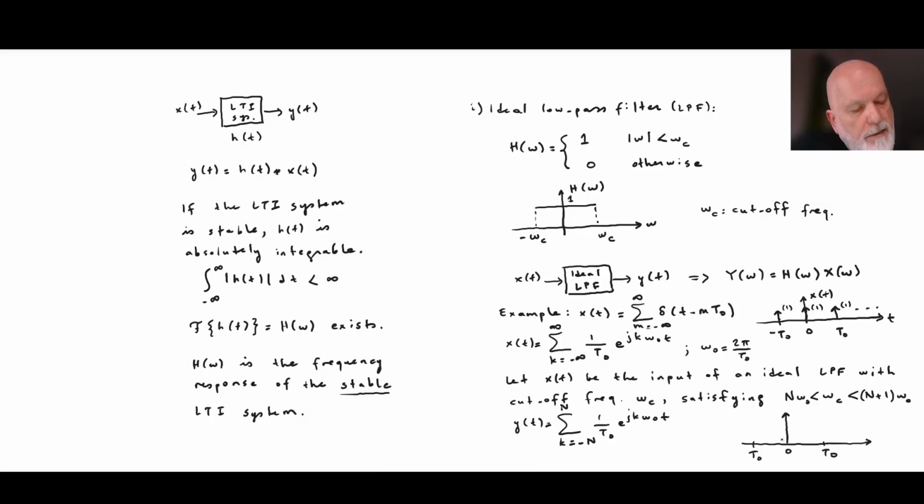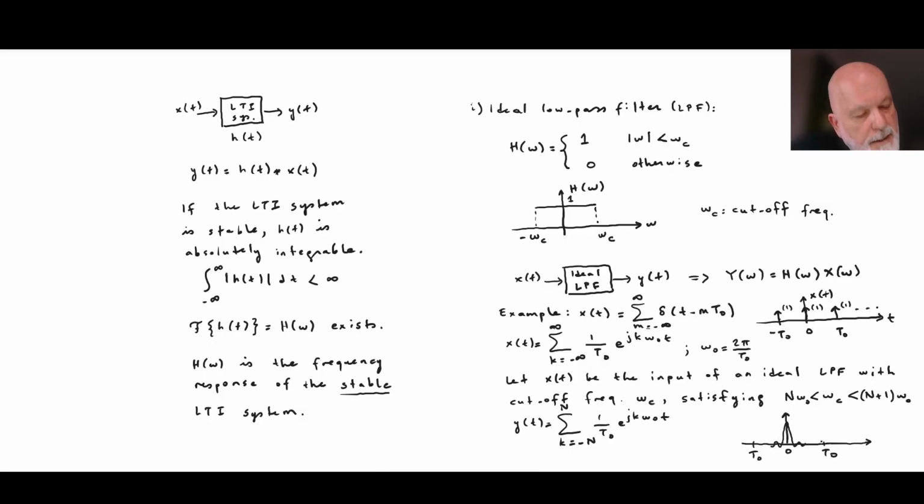So if n is chosen sufficiently large, the main lobe will be quite narrow. So the main lobe will be something like this, and we will have the side lobes.